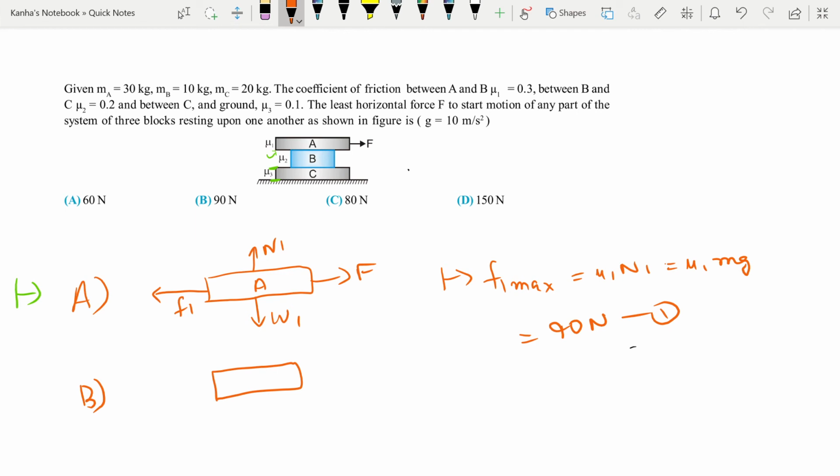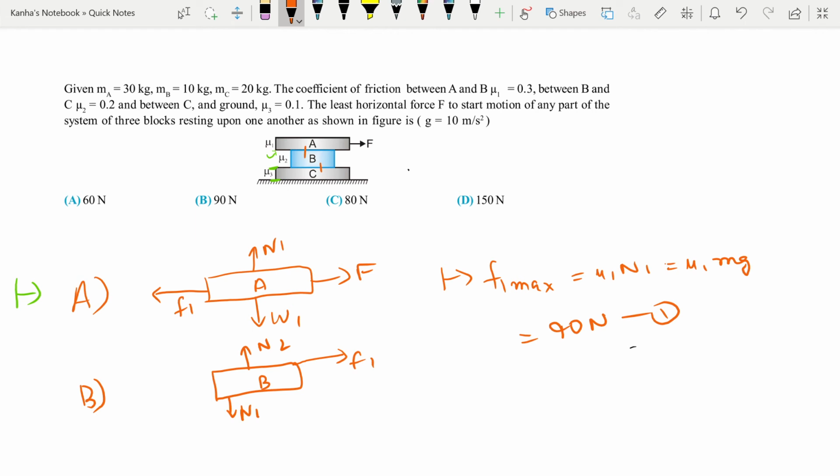Note that if I did want to write the frictional forces, then for B, I'll have a frictional force F1 on the right that is applied by the block A on B. Then what else do I have? B has two contacts, one here and here. So there will be two normal reactions as well. So let this be a normal reaction here, from the top.